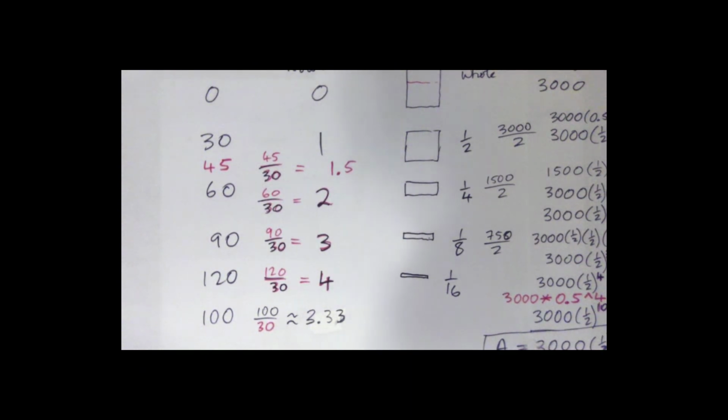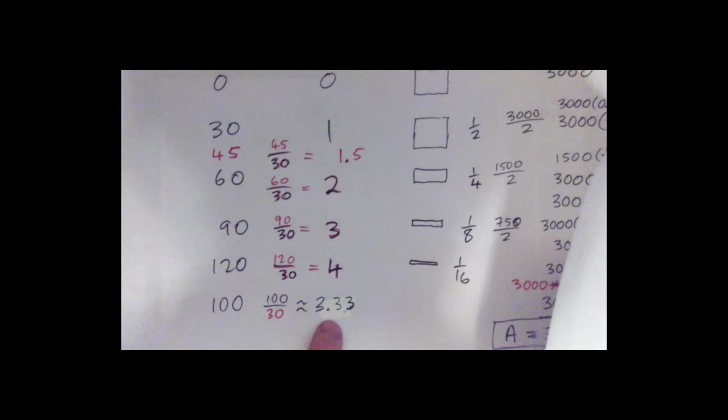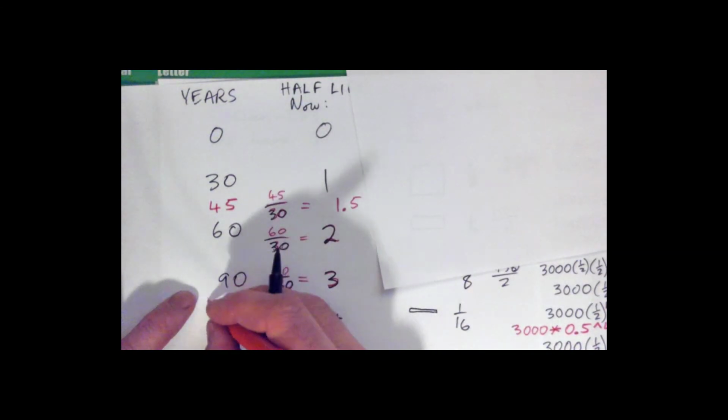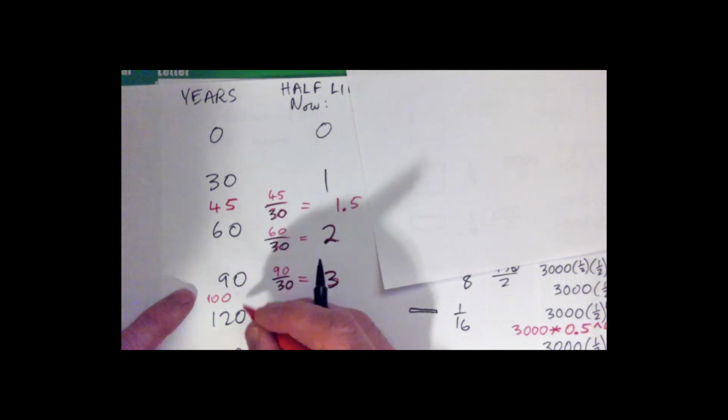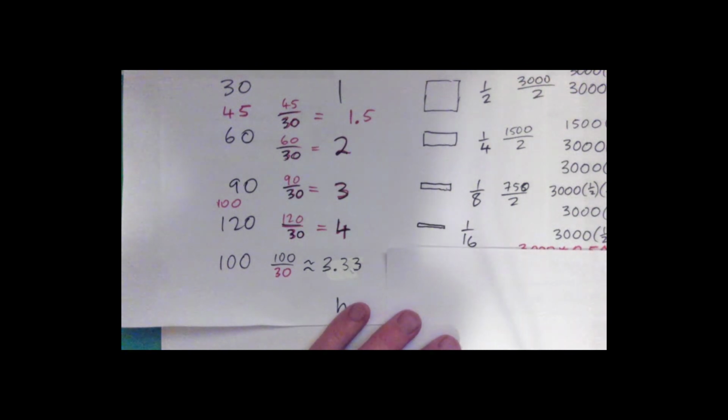So 100 years is about 3.33 half-lives. And think about it, once again, 100 years is in between 90 years and 120. So you would imagine it's 3 point something, right? Anyway, so then use your formula. So what's the amount remaining? Well, we have a formula.